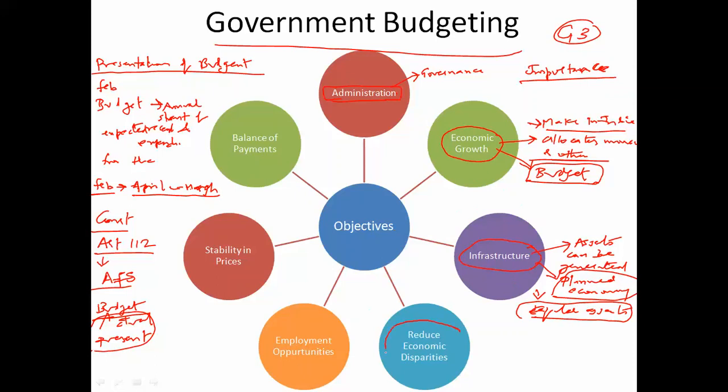Next, government also through taxation helps in reducing economic disparities. It means the rich are taxed, and through government welfare policies like MGNREGA, livelihood missions and all, the taxed amount or the revenue is distributed.